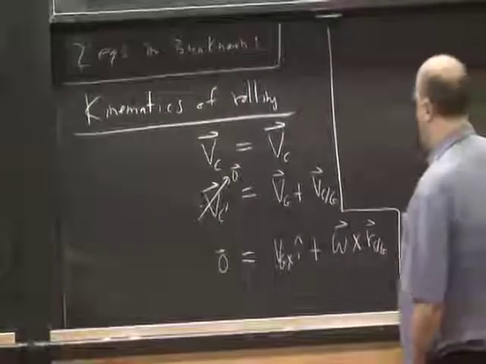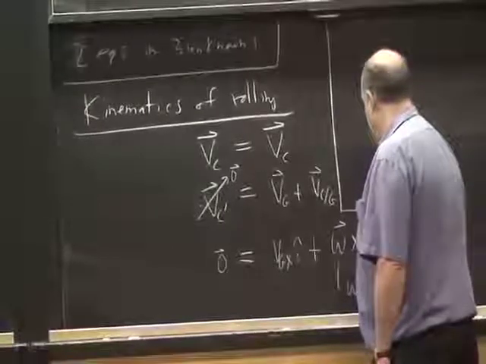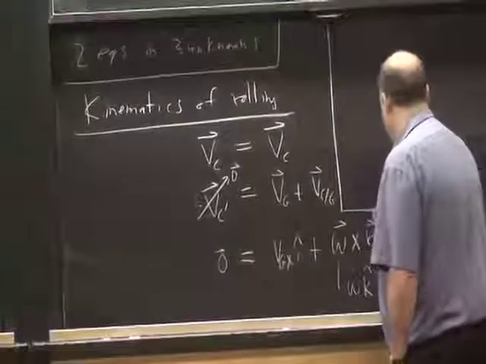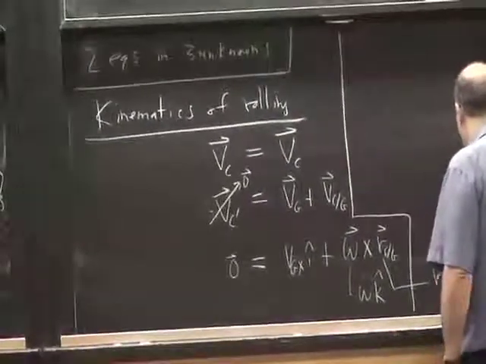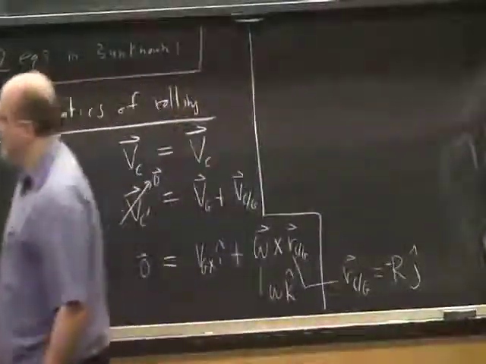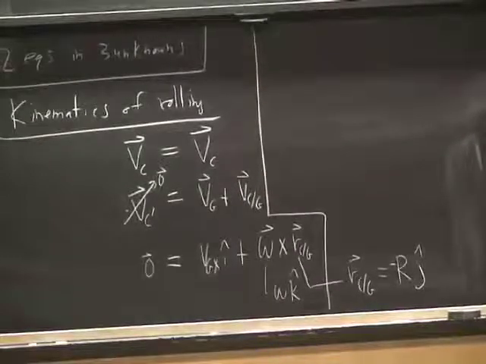Now we can fill in this omega. Omega is equal to omega k. This position of C with respect to G, R of C with respect to G, is equal to the radius of this thing in the minus j direction. So somewhere here we have to put in a radius.